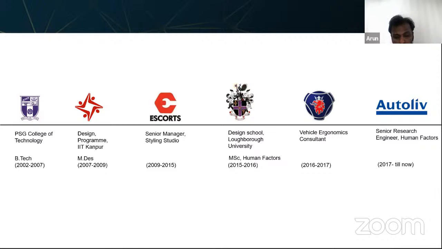I was responsible for all the styling activities at Escorts, and even a few of our alumni worked along with me in building up that studio. I spent 6 years in the industrial design studio, leading the team. We had different challenges, carrying out all the new product development projects, and also a lot of facelift activities.